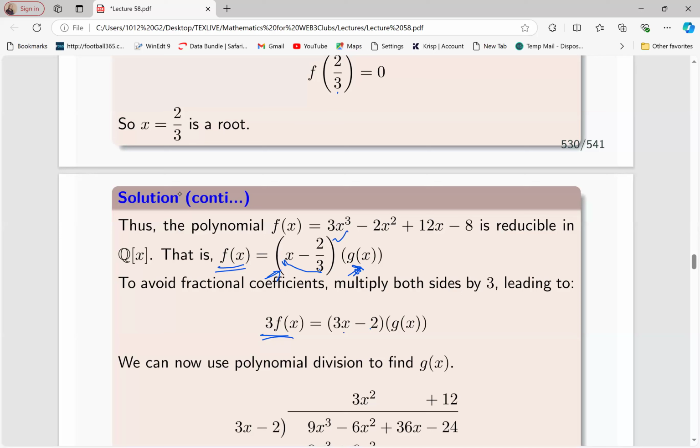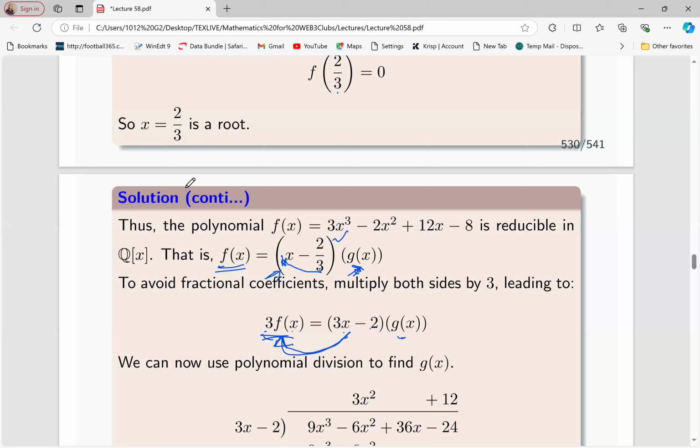I'm not saying it's not good to work with fractions, I'm just saying it would be harder, so make it easier by multiplying by 3. Then I want to divide to get g of x.